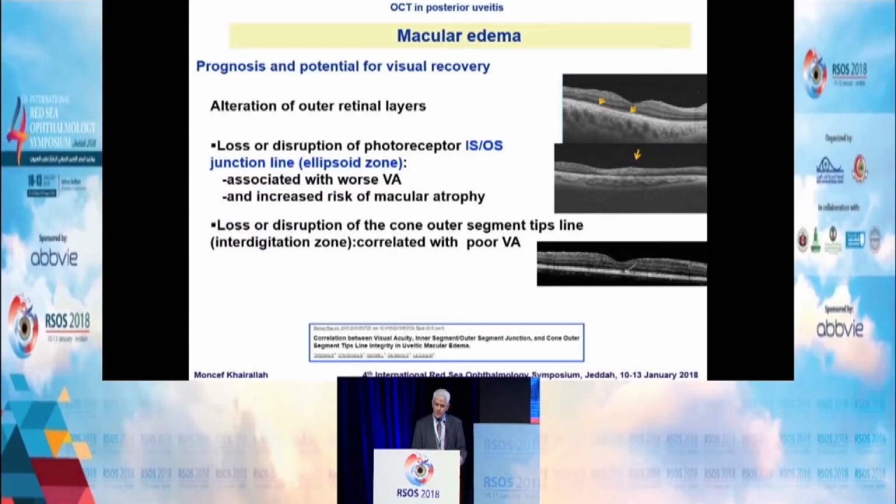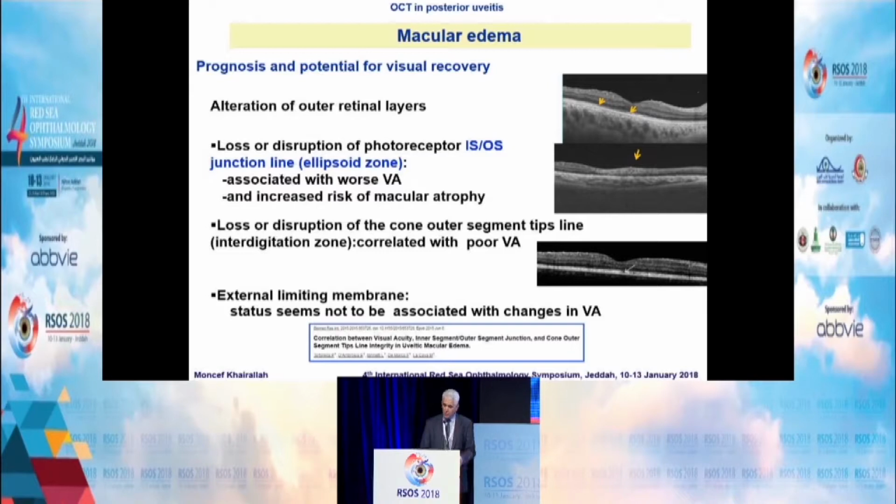The loss or disruption of the cone outer segment tips line was also found to be correlated with poor visual acuity outcome. However, the status of the external limiting membrane was not found to be associated with changes in visual acuity.